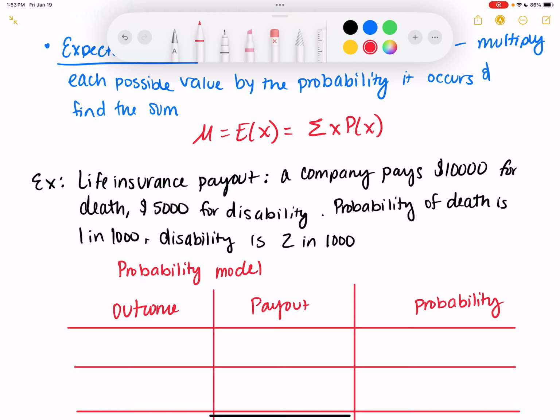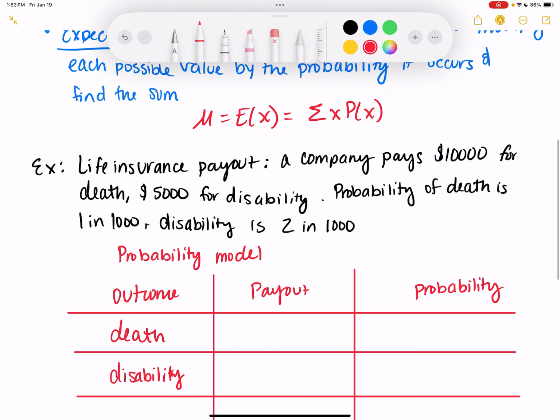All right, so there are 3 possible outcomes, right? We have death, we have disability. What's the third one? Neither. Okay.